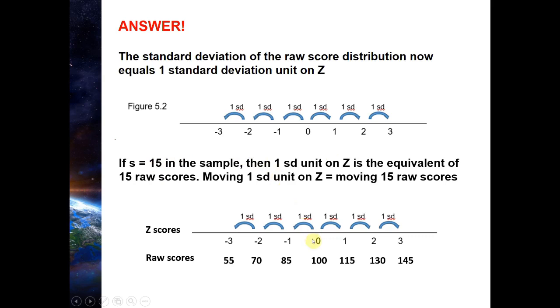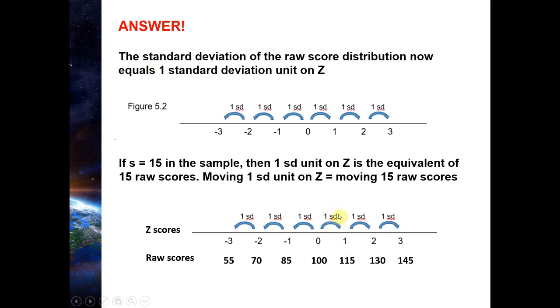All right, so let's look at this. Here are your raw scores down here, right? So here's your mean, 100. Now, if I were to jump 1, because 100 becomes 0, here's your mean on Z, and if I were to jump 1 unit, now I have a Z score of 1. How far have I moved in raw scores?